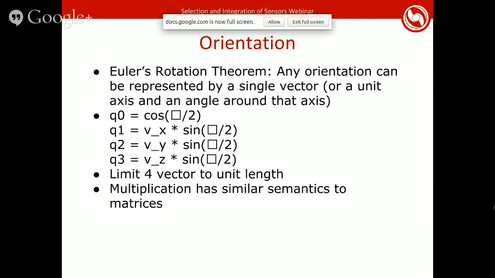The cool thing about quaternions, as opposed to, so you may be wondering, why not just use a rotation vector? I have a vector that's encoding my rotation in axis-angle. That's good, right? Well, the power that quaternions have is that multiplication has similar semantics to matrices. So you know how you compose matrices?